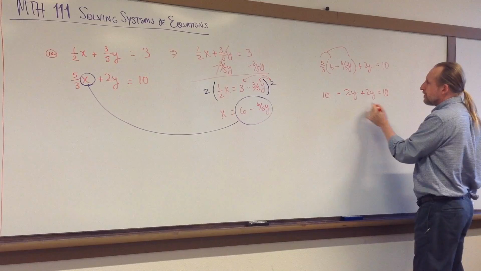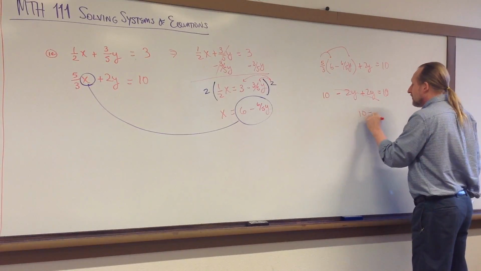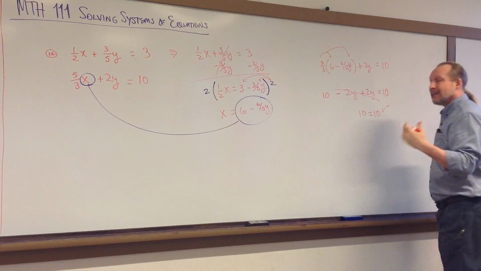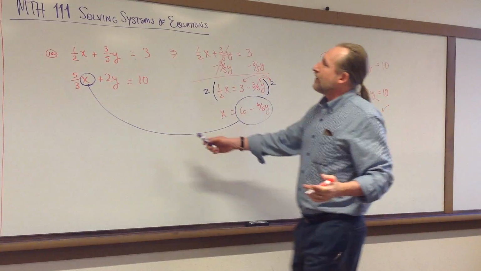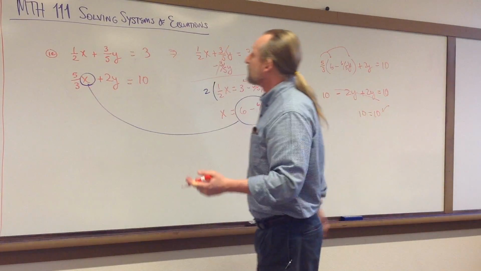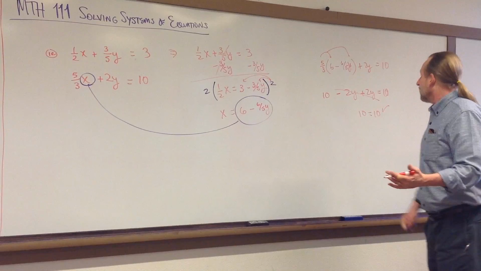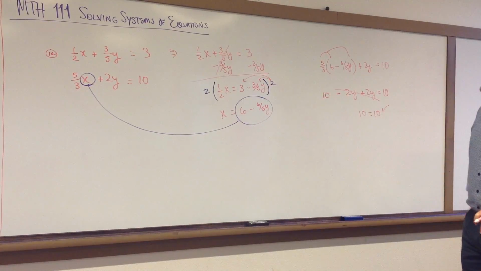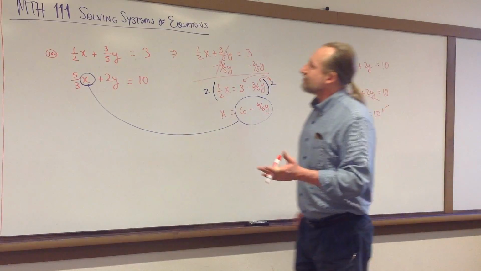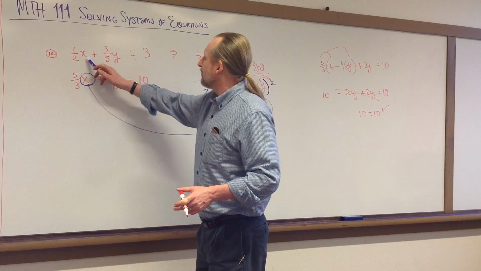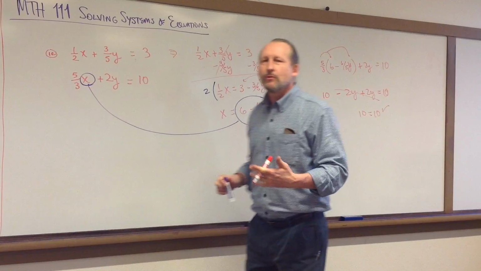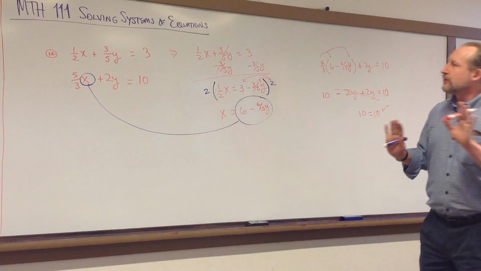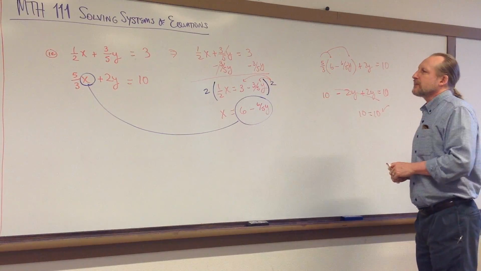Well, minus 2y and plus 2y makes 0. So here's 10 equals 10. That's always true. Although I will say, if x was 0 and y was 1, that wouldn't work. So I shouldn't say it doesn't matter what the values of x and y are.